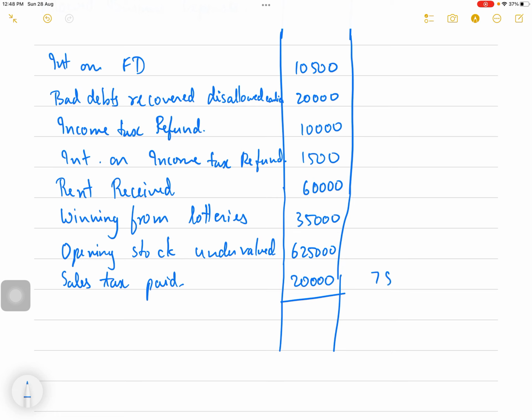It comes to 7,82,000. So what you get is income from business.